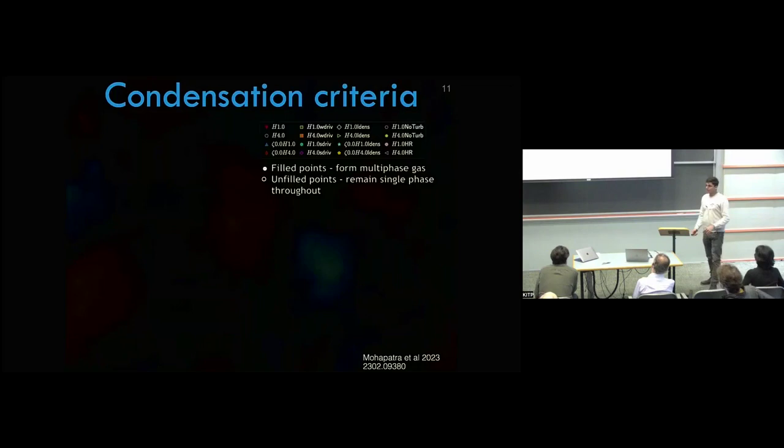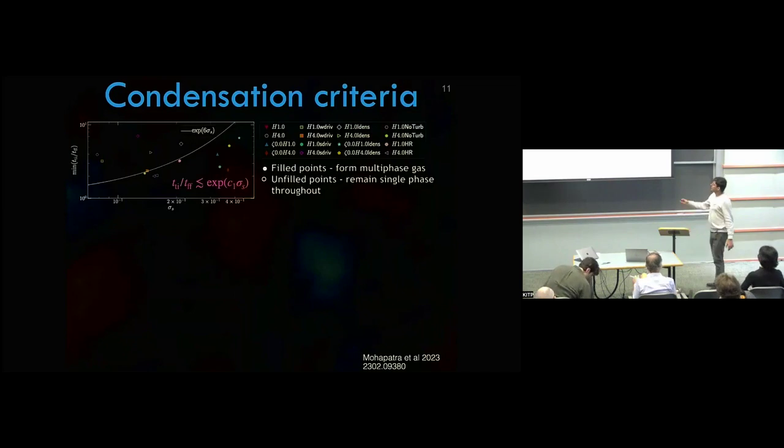Now, we are trying to come up with a condensation criterion which can separate our simulations that form multiphase gas from the simulations that do not form multiphase gas. So on the left here, you are seeing the minimum of TTI by T free fall, and sigma tells you the amplitude of density fluctuations. Okay. Now, this is our attempt at getting a condensation criterion.